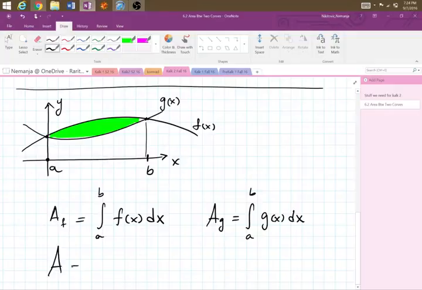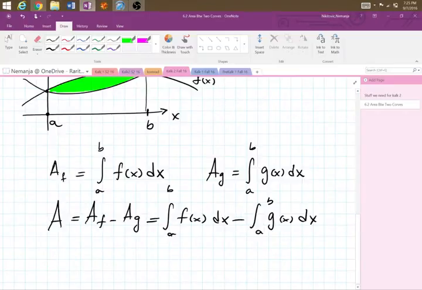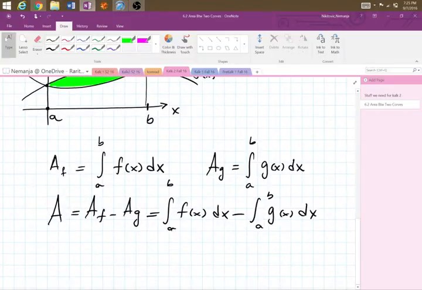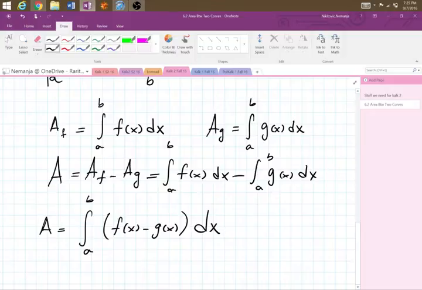So area is going to be AF minus AG, which is our integral a to b of f of x dx minus the integral a to b g of x dx. And that, now from calculus 1, you have the theorem that says that we can put this into a single integral from a to b, and here are the parentheses, f of x minus g of x dx.